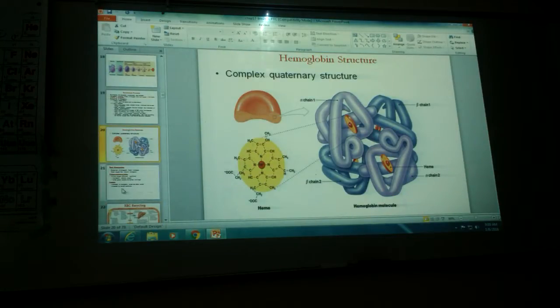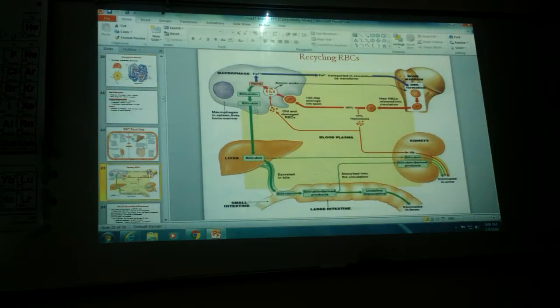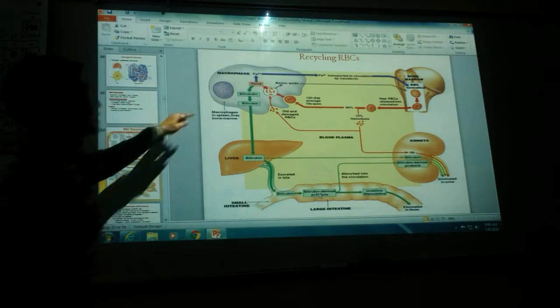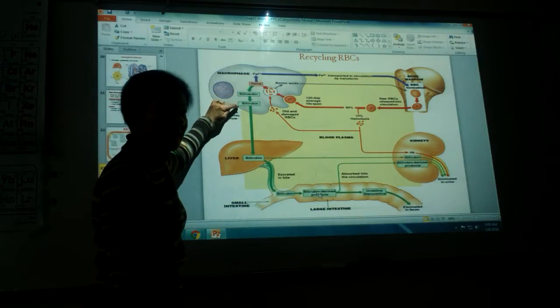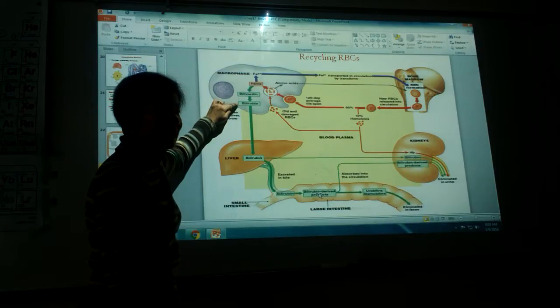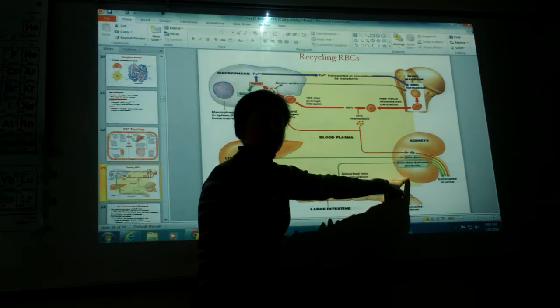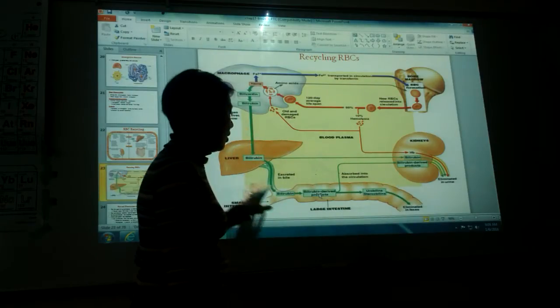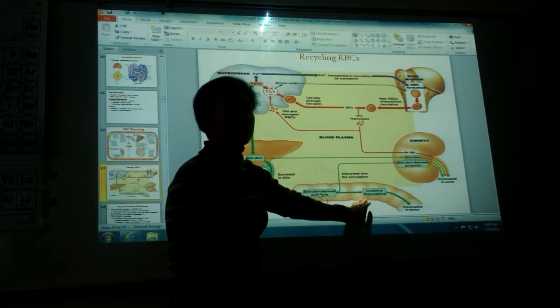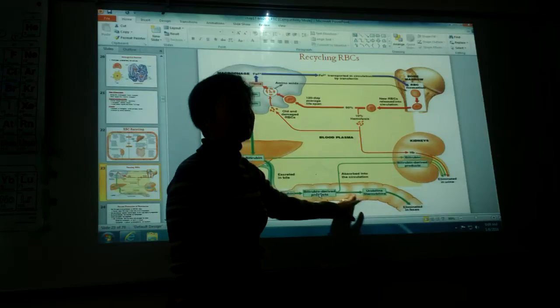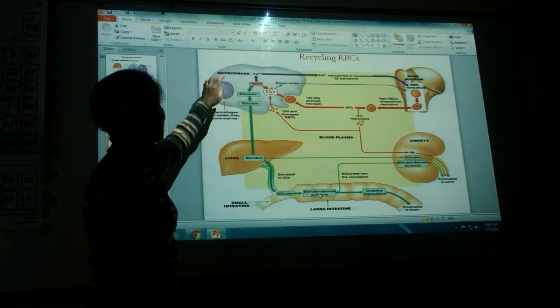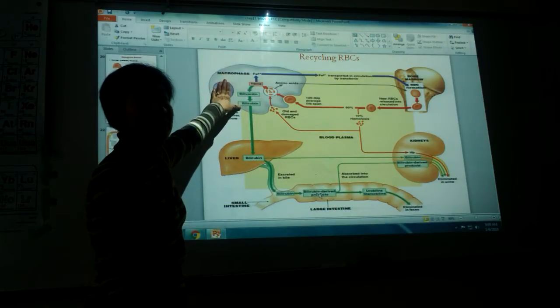When we recycle that, the iron is released, but the heme part is converted to biliverdin, which becomes bilirubin, and this is what gives us the yellow color in our pee, urobilin, and the color in your poo, stercobilin. And this explains why people with liver, because this is the liver, right?